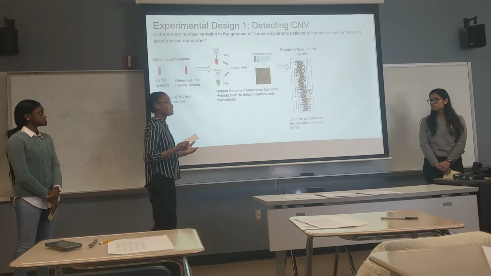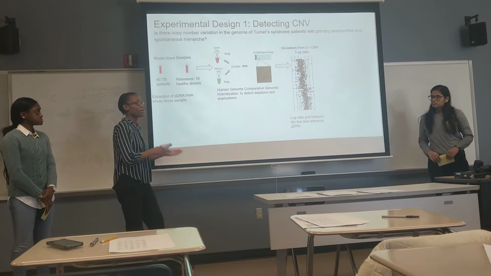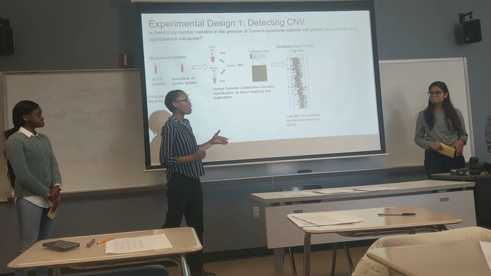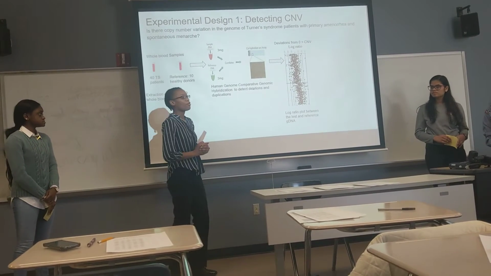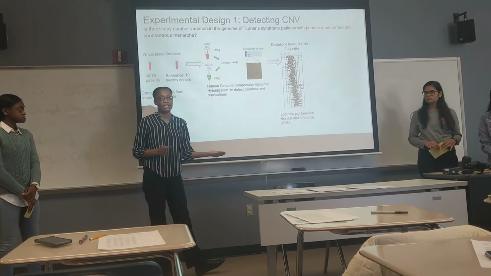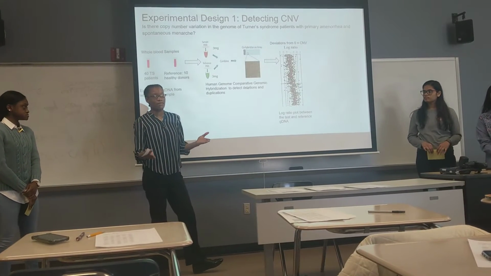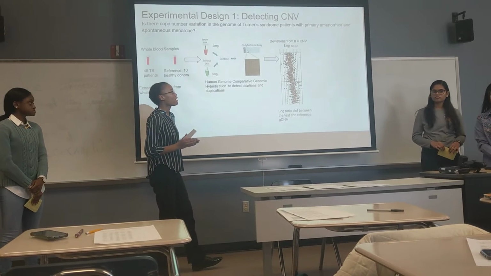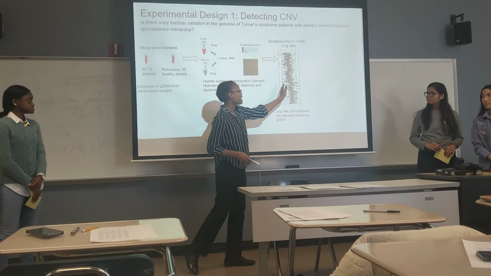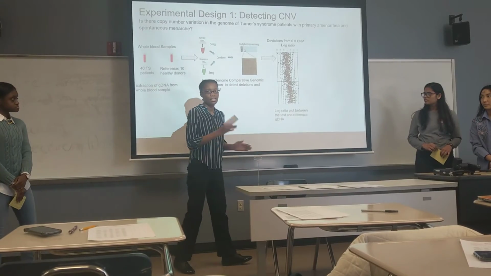So the output of this, or what they do with the data from this, is they use software and they do a log ratio plot. What a log ratio plot shows is whether there is any difference between the genomic DNA of the patient and that of the reference. If there is no difference, we should have, let's say, a straight line that comes straight down that shows no difference.